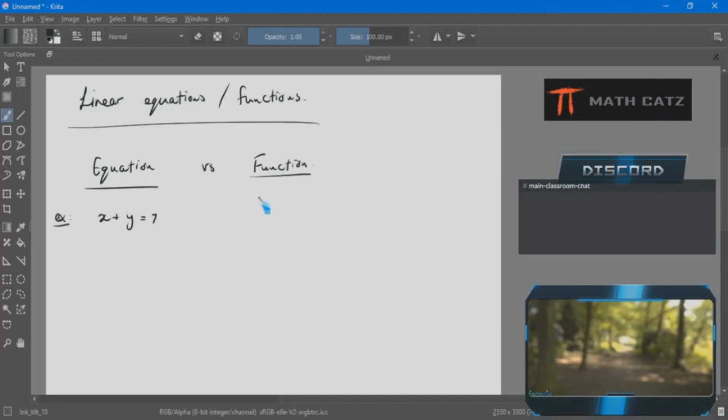Whereas with a function, I want to see an input leading to an output, 7 minus x in this case. Now this guy over here, I'm going to write in curly brackets, is equivalent to y. It's more just how do I want to view the information?